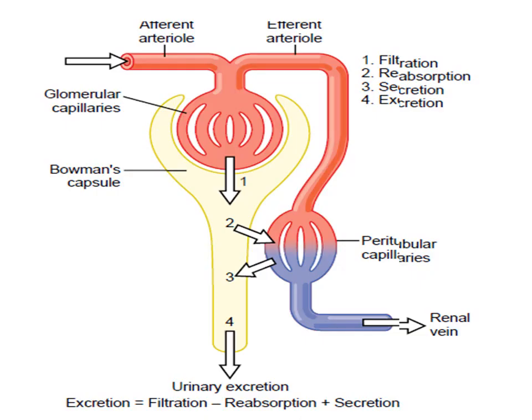So number one means filtration of the fluid from the glomerulus into Bowman capsule. Number two, reabsorption, is reabsorption from the tubule to the peritubular capillary. Number three, secretion, is secretion of substances from the peritubular capillary to the tubule, and number four is urinary excretion.